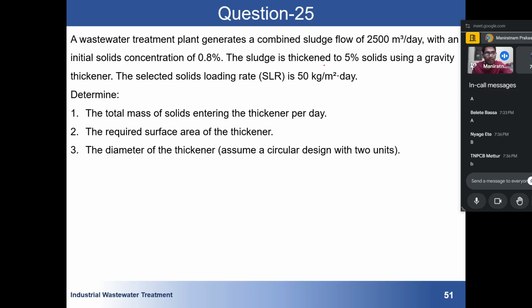The only reduction will be in the water. Then we have the solid loading rate, the rate at which solid is being loaded in the thickener. So you have to find the total solid entering the thickener per day. Does anyone want to solve it, or should I reveal the solution?